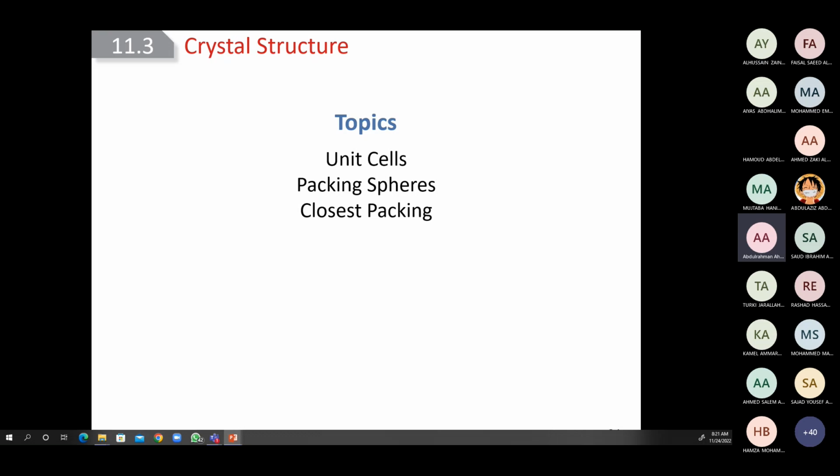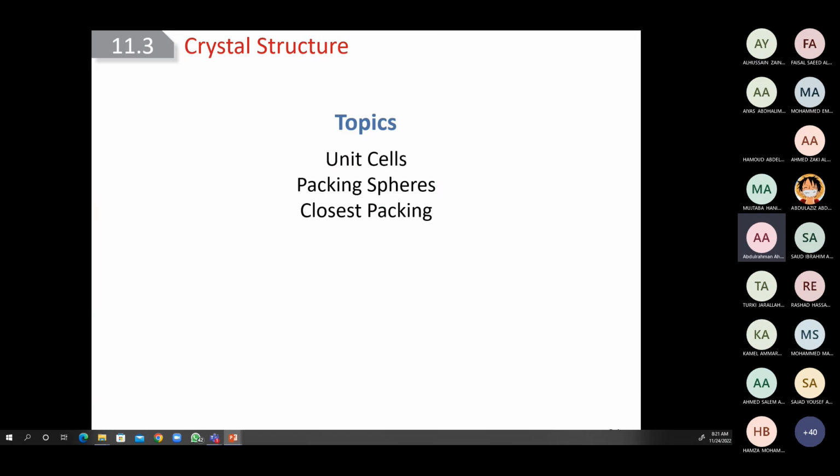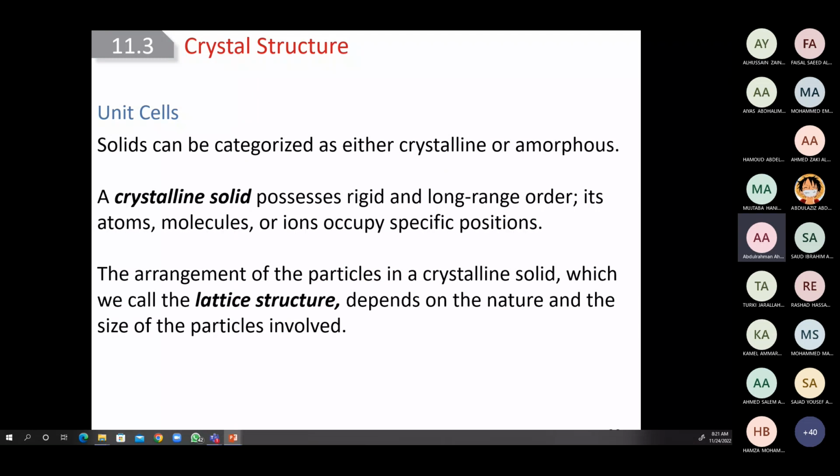Good, we're done. Next, we've been talking about liquids, right? Now we're going to talk about solids. The first term we're going to talk about is crystalline solid. What's the meaning of crystalline solid? Crystalline means ordered. What do I mean by order?